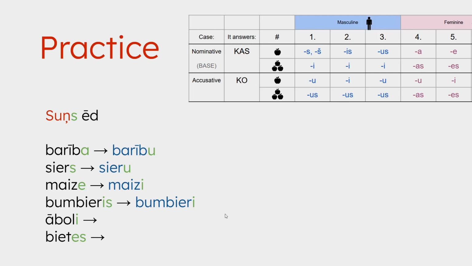So, despite not knowing exactly what the declension is, we know it must be abolus. Bietes, this is also not up here, so it must be plural. Fifth declension, es, and then it goes down to es. Yep, because in this case, it's the same. As, es, es. And so it is bietes.